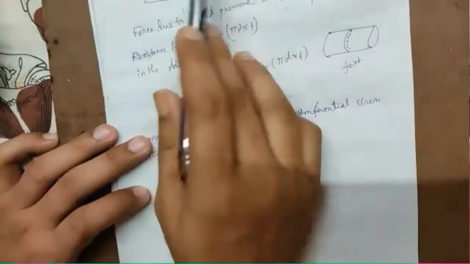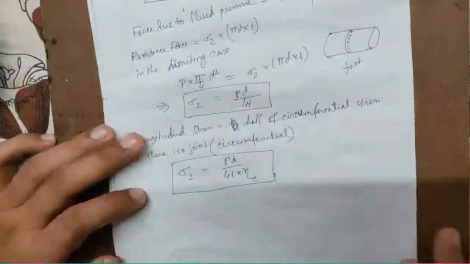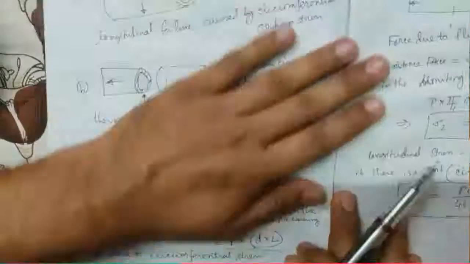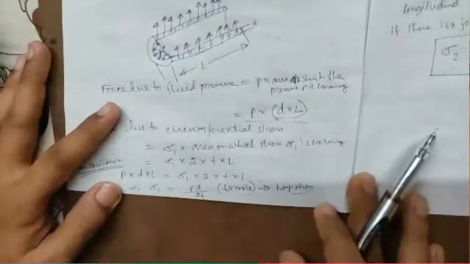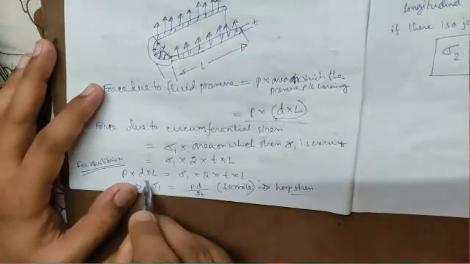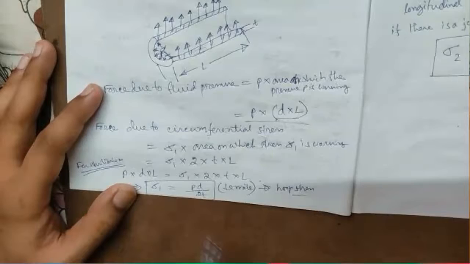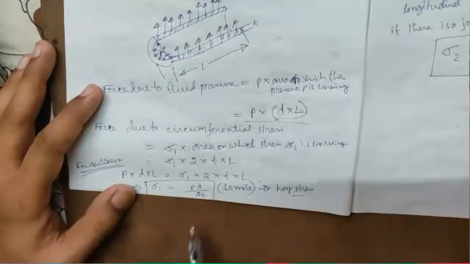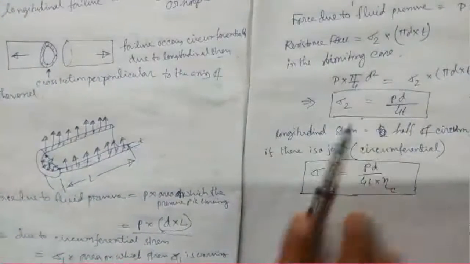One is this one, without joint, that can be considered. Joint is some special case. So without joint, this will be one of the principal stresses, and this will be another principal stress.